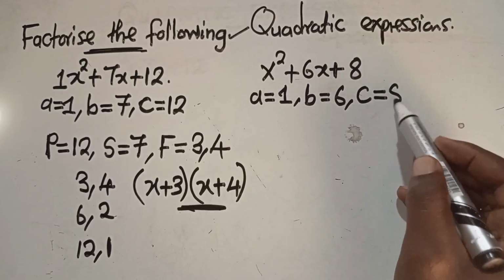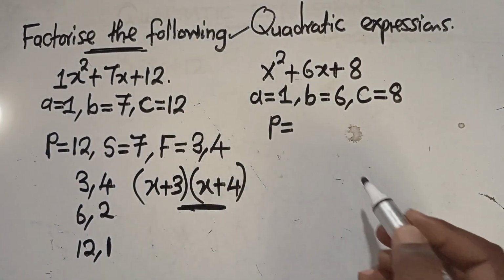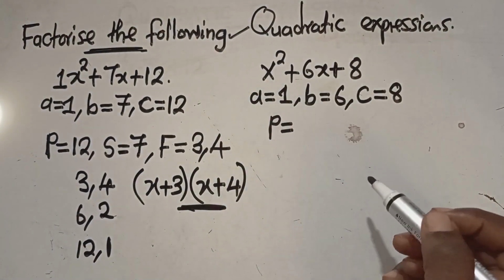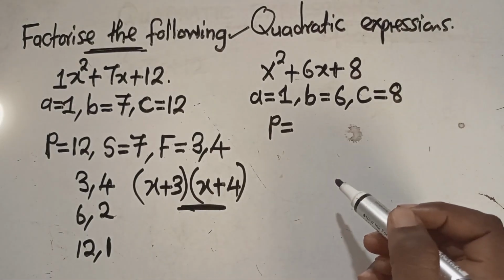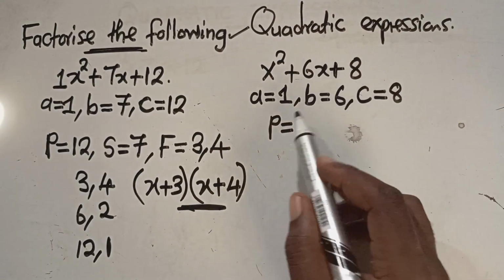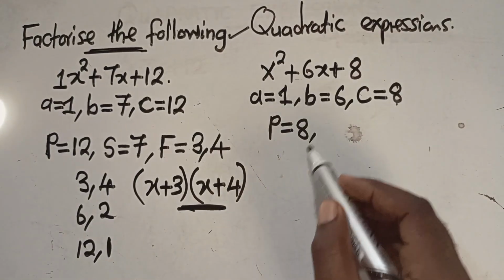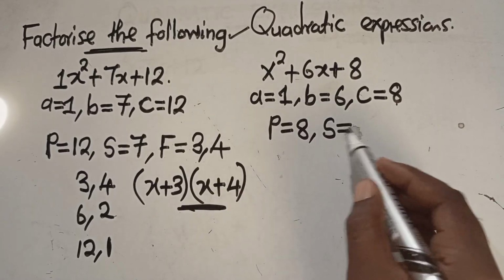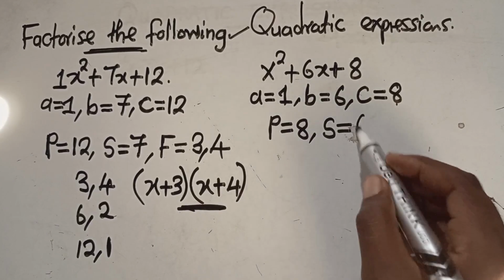Our C is 8. We now look for the product. The product in this case is 1 times 8, which is 8. The sum is just the B, and B is 6.